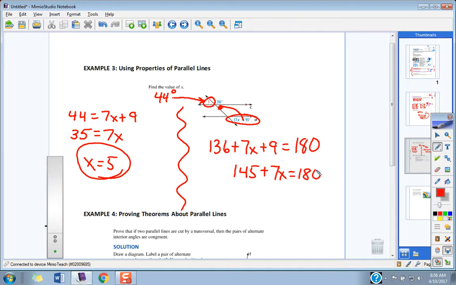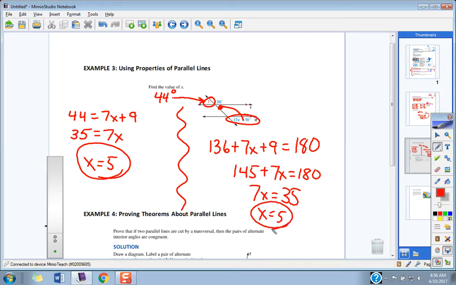When I subtract 145 from 180, I get 7x equals 35. Wasn't that a point in the equation over here on the left? Same thing. The x value is going to be 5.